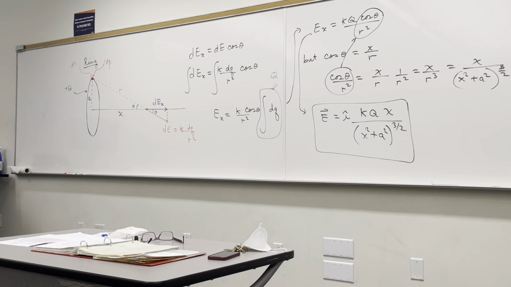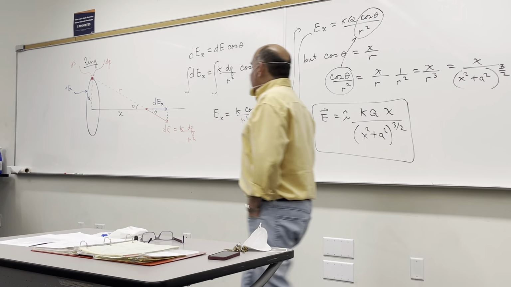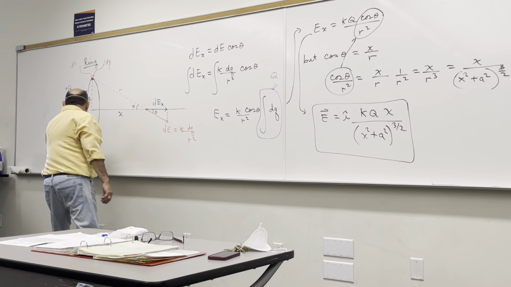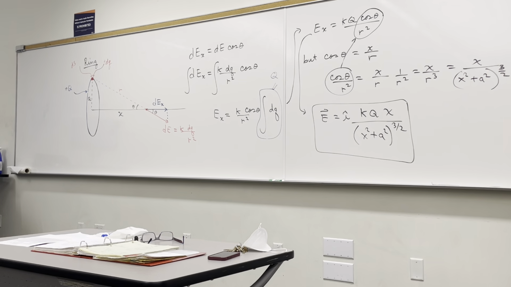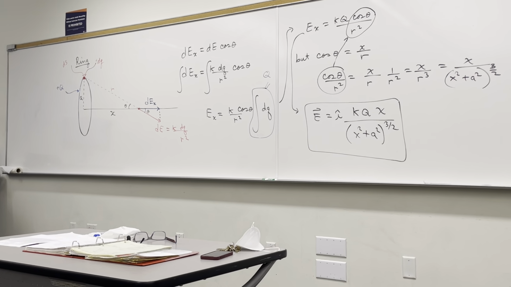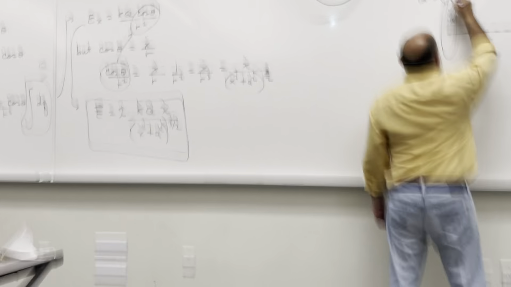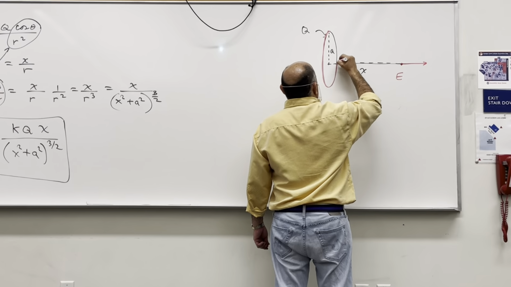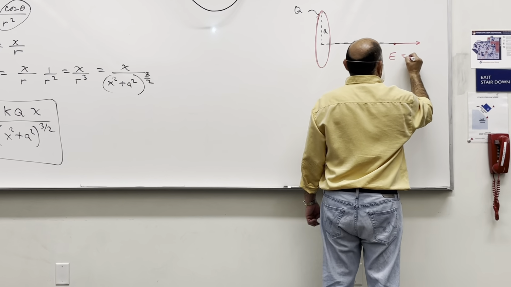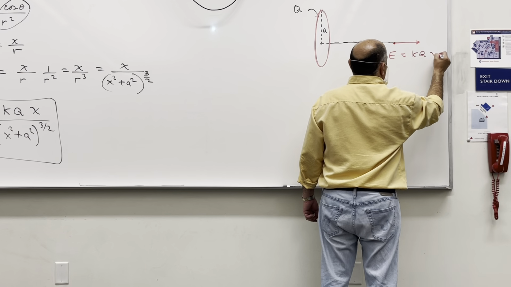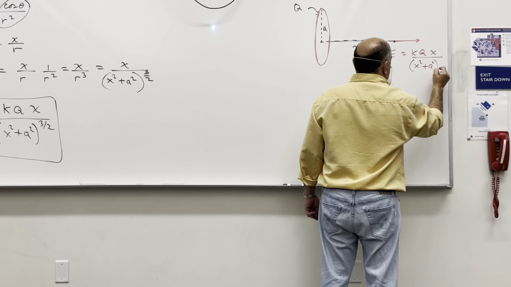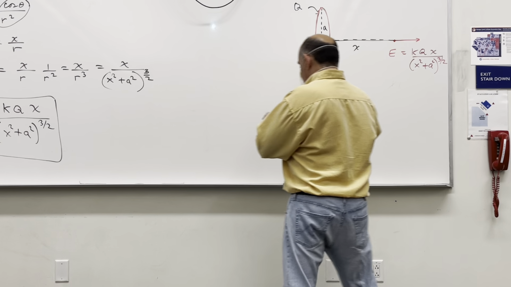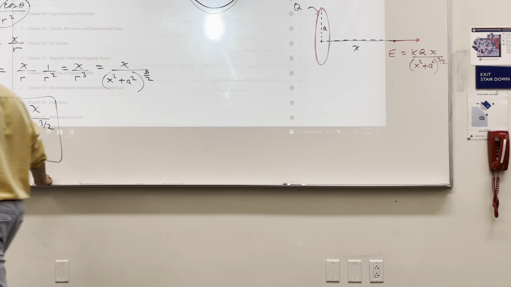And the total charge on this is Q. That's going to generate an electric field on the axis this way. Q is the charge on this ring here, right? kQx over. Is that right? Did I copy that thing down?